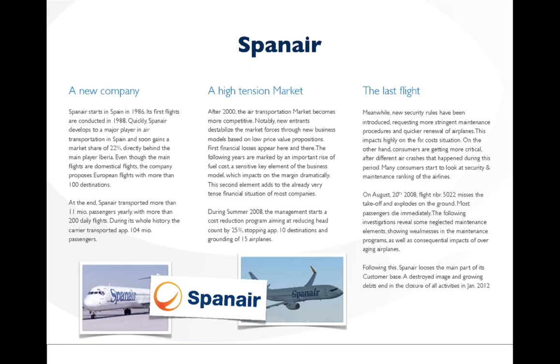Spanair is a really good example. Company that started up in 1986. It was the first real low cost airline, and they transported, as it said, over 11 million passengers, over 200 daily flights. Okay, what happened with Spanair was that they didn't keep on top of changes in the environment.